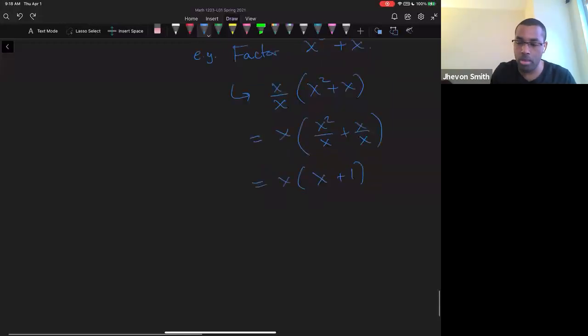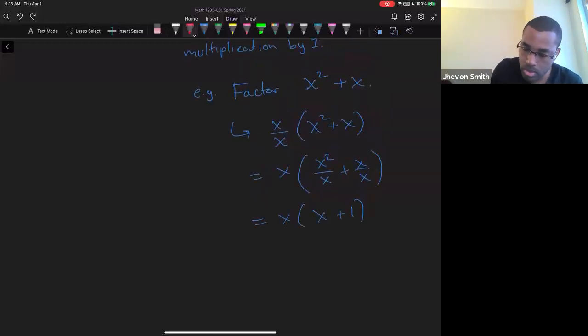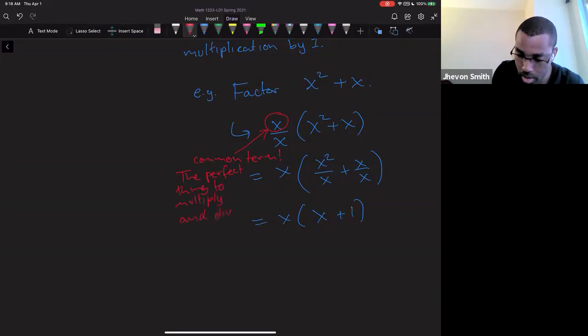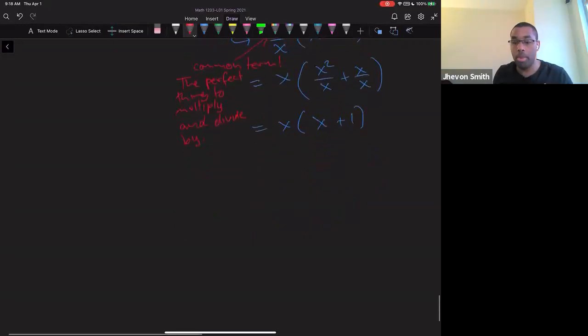So this is the common term, the perfect thing to multiply and divide by. But it wasn't necessary.